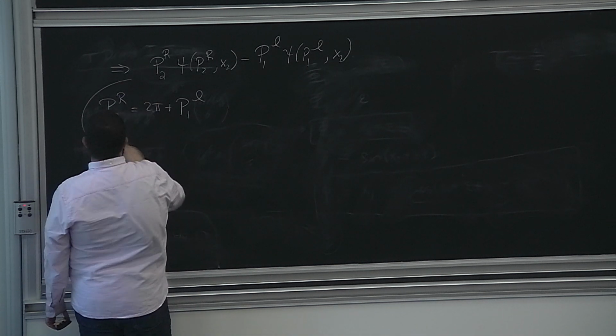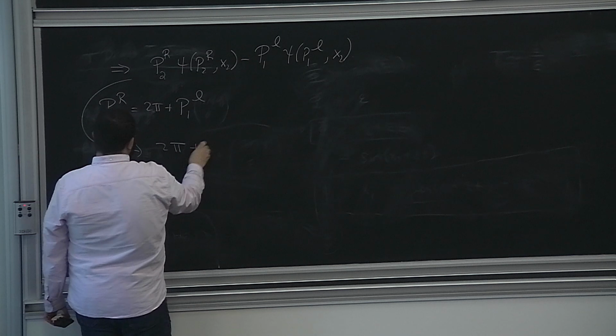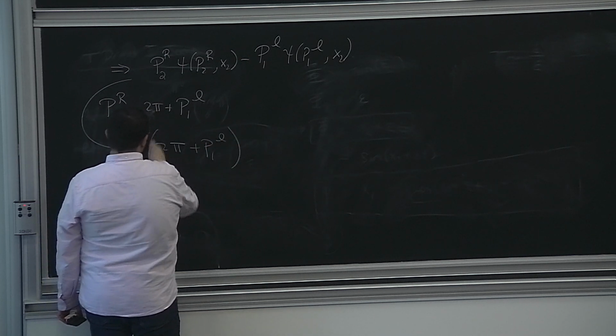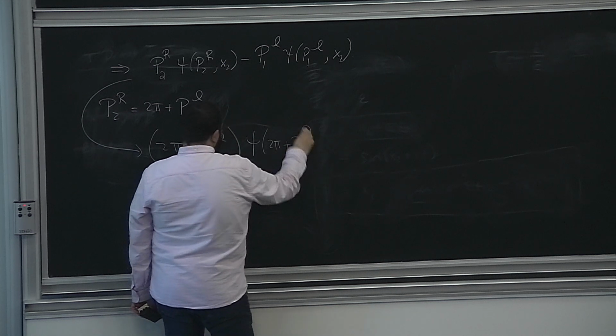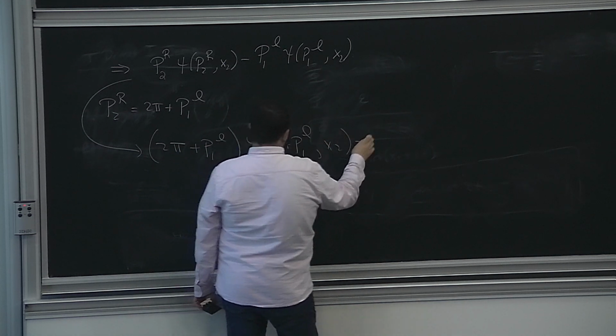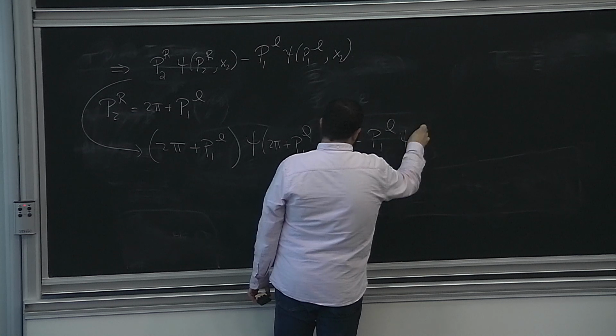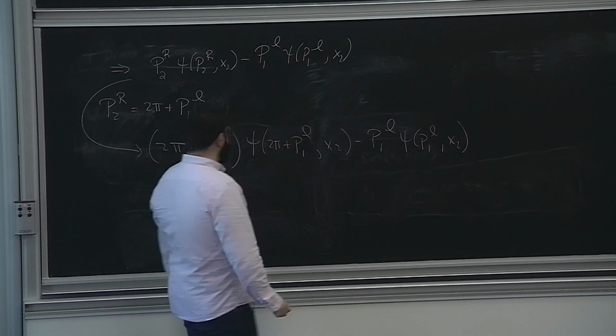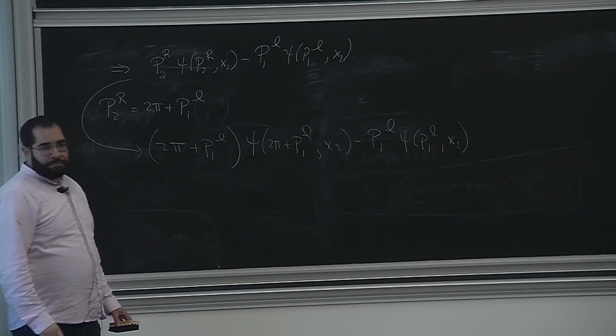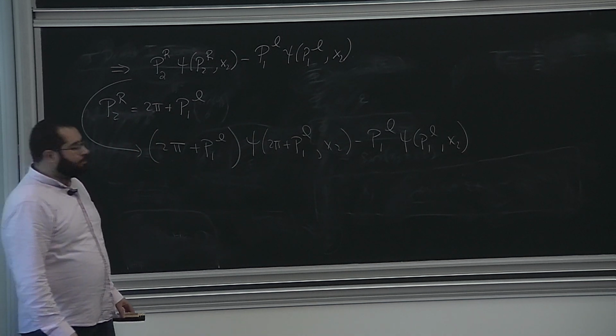So I just compute this. It's 2 pi plus P1L, psi of 2 pi plus P1L, x2, minus P1L psi of P1L, x2. Does that make sense?